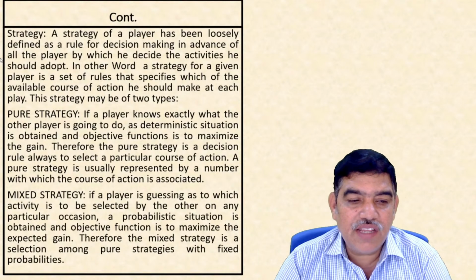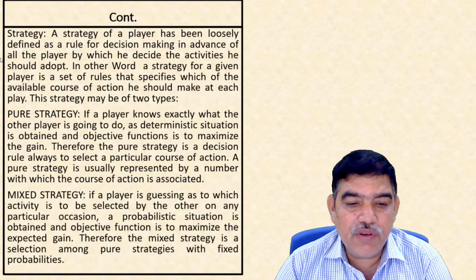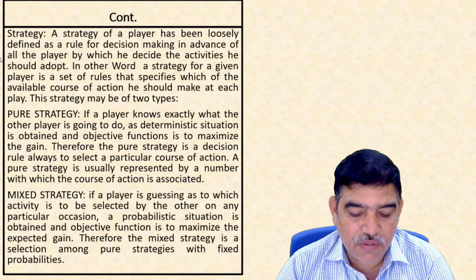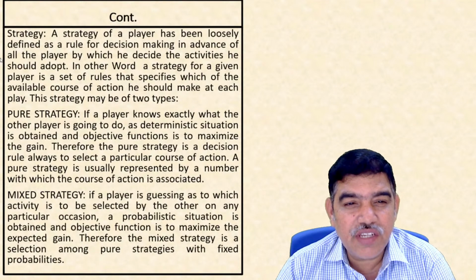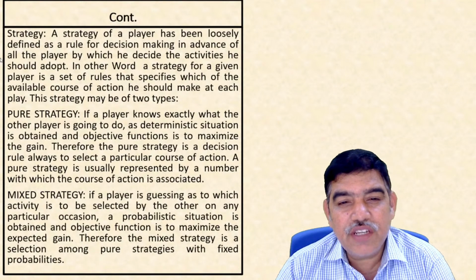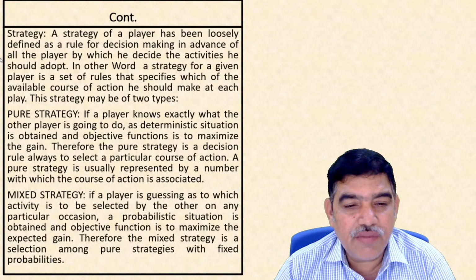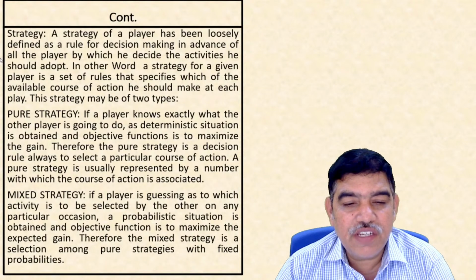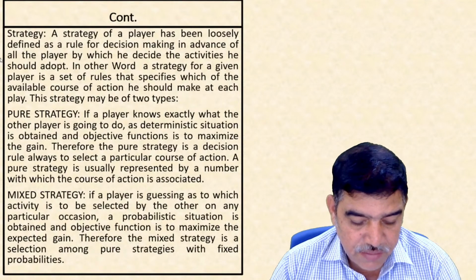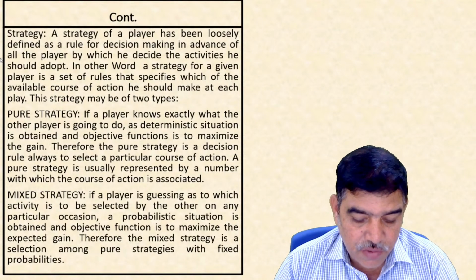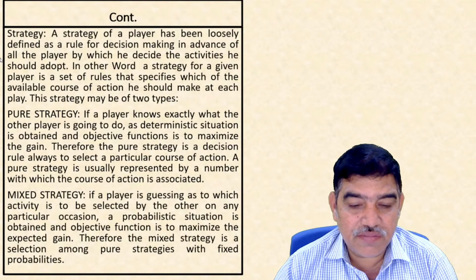Therefore, mixed strategy is a selection among pure strategies with fixed probabilities. So pure strategy is a deterministic situation, and mixed strategy is a probabilistic situation. Mixed strategy means selecting more than one strategy.